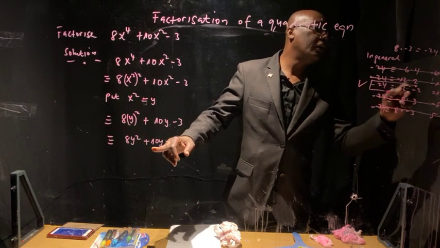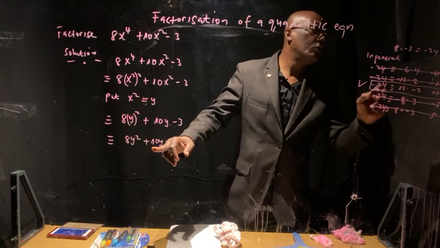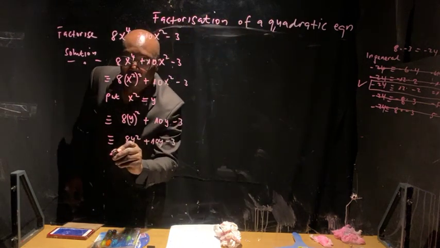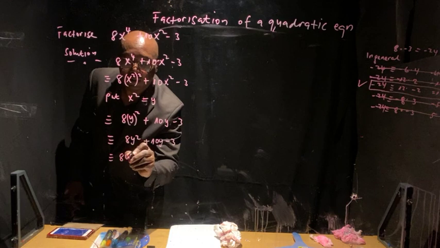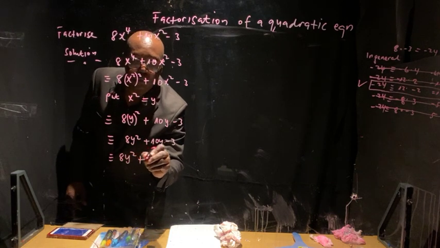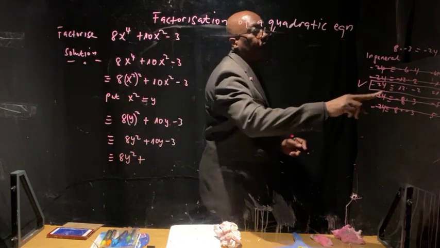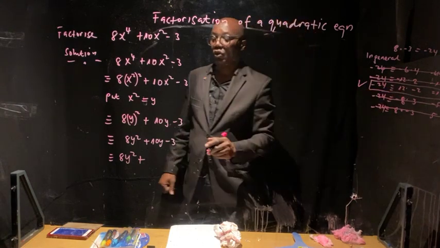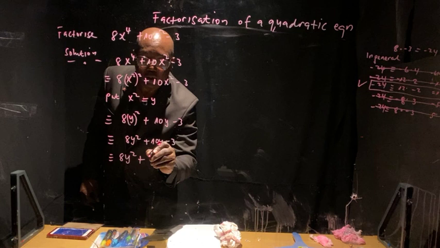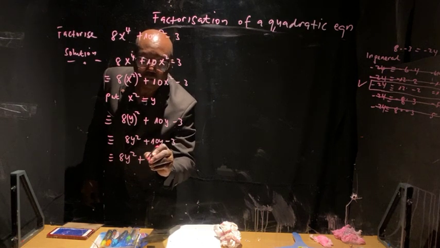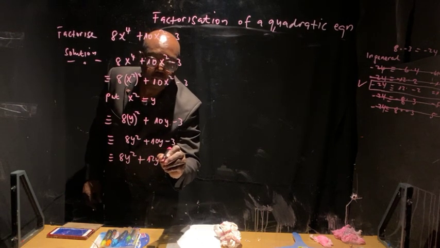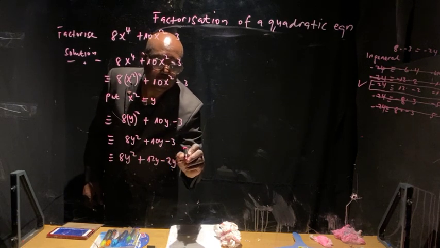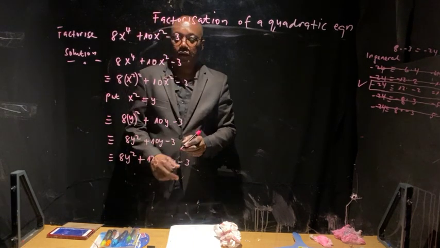The factors come from this. So we pick it straight and it becomes 8y squared plus 12y minus 2y minus 3. Good.